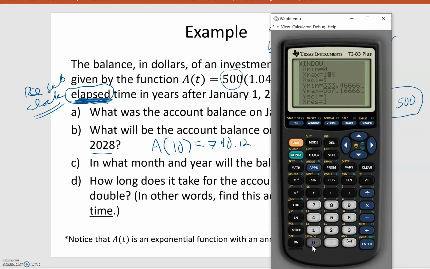I could probably just go to 10 and then do zoom fit, and I should see a decent intersection now. Okay, and we're going to do calc intersect. And my intersection is 4.6486, so 4.65 years.